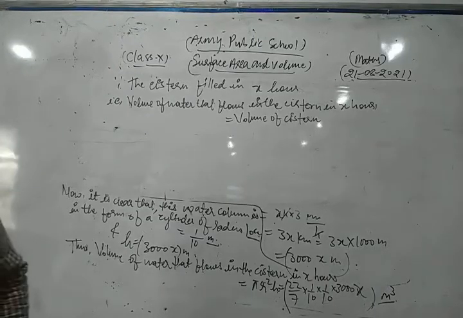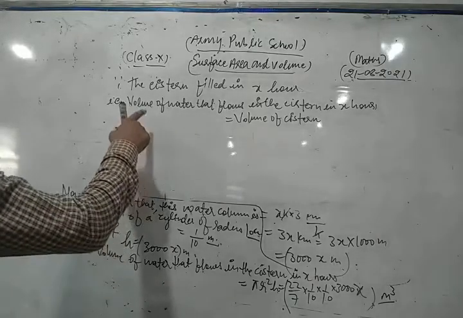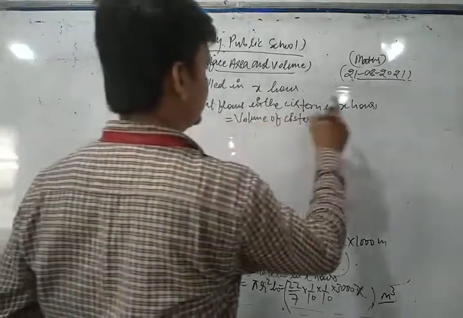Now, it is 2 meters deep. The diameter is 10 meters, so the radius will be 5. Thus, first of all we find the volume of water that flows into the cistern in x hours.